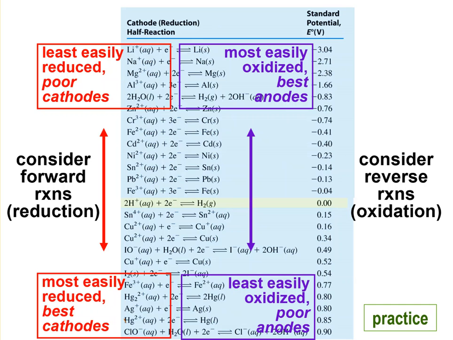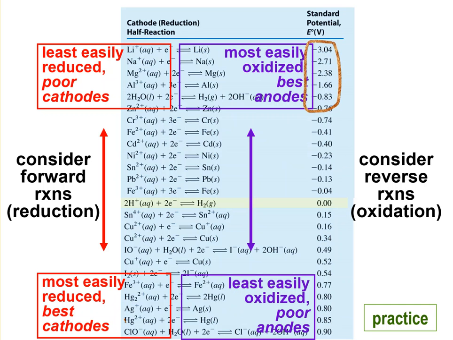And then what I said here, let's see. I'm talking about reduction here. These are all written as reduction reactions. And so I'm talking about the forward reaction. And that means that I'm using these numbers as is over here. They're negative at the top and positive at the bottom. Which is more favorable? Positive.